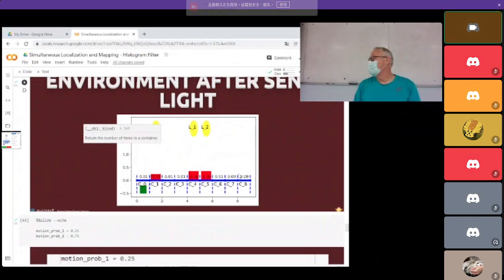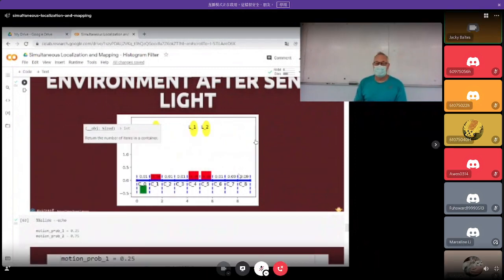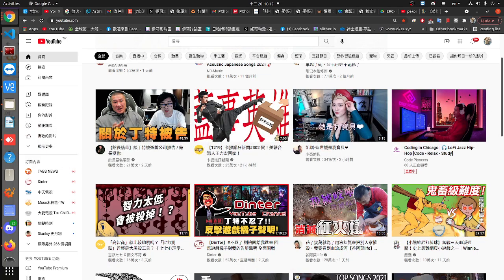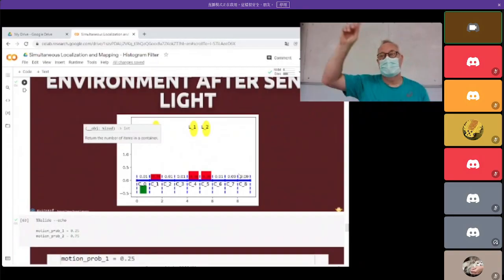Now, the one thing to realize in this particular graph already is that we can easily represent a multimodal distribution, right? Because this distribution has how many peaks? Three peaks, right? Peaks as in local maxima.